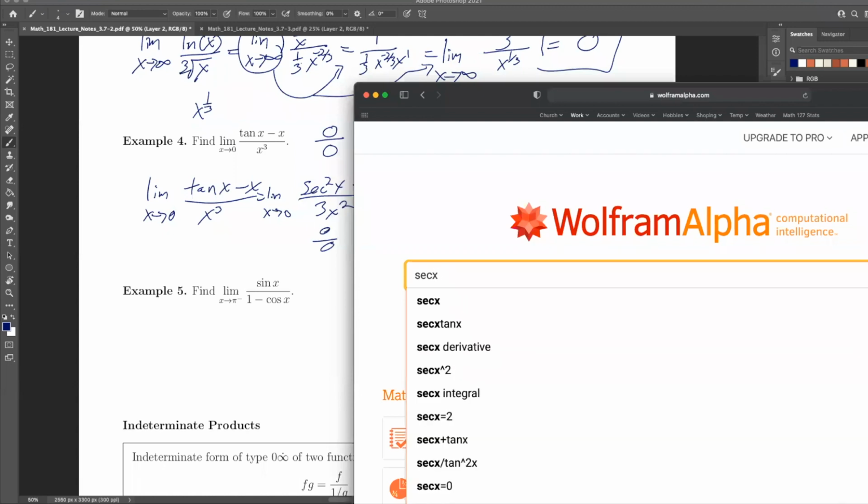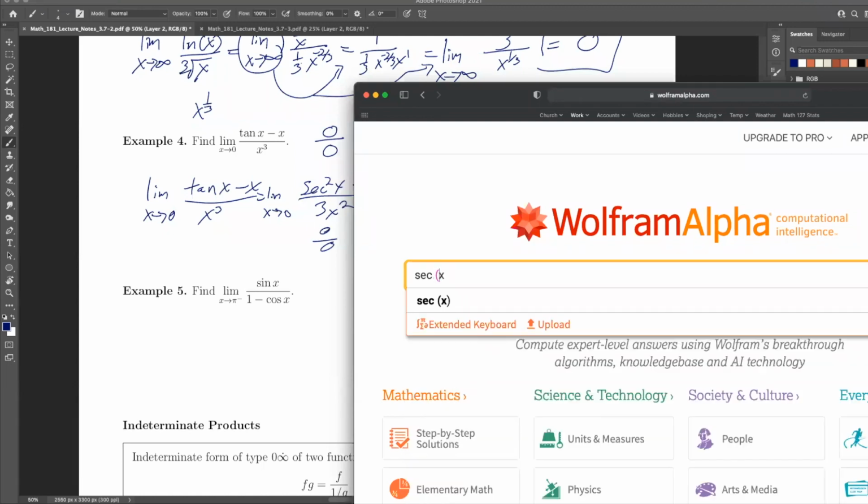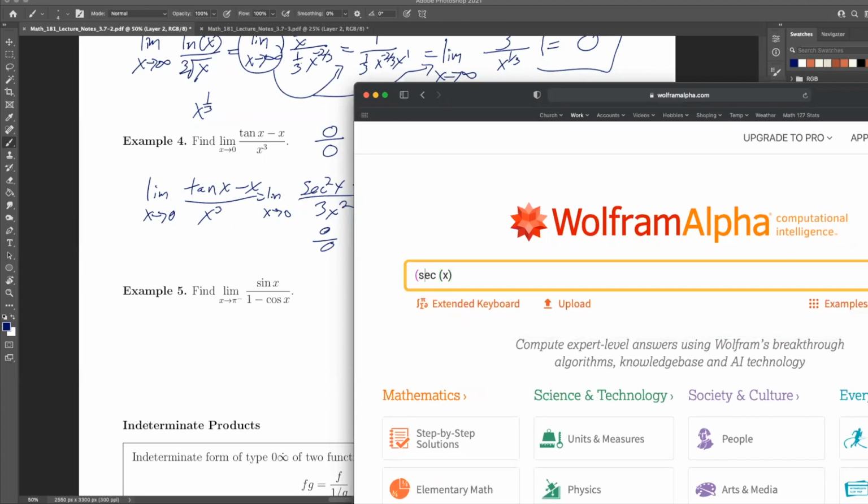I think I need to type this in very carefully here. Let me just remind you how to do it in Wolfram Alpha. I mean, we could do it with product rule and just take a couple seconds. That way, when you get to this point, you have a way of checking it.